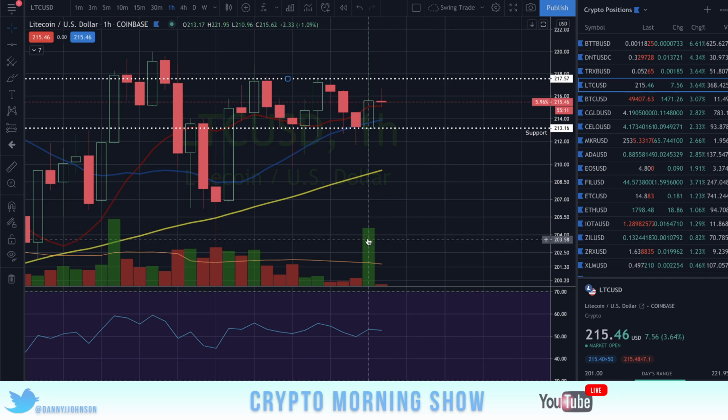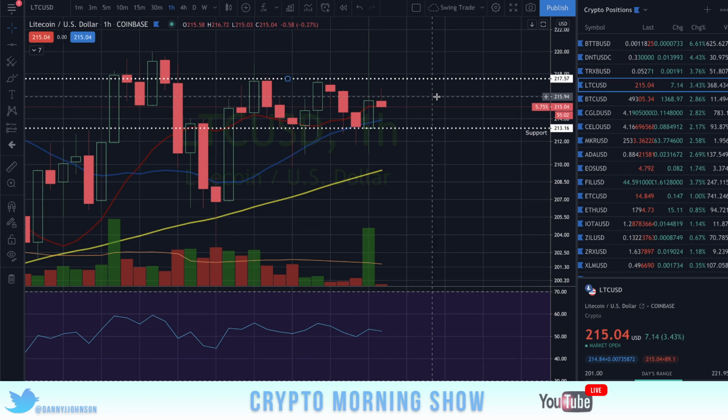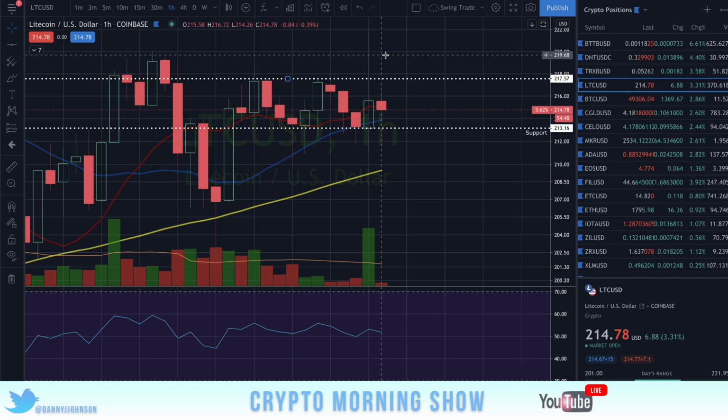We had a big strong volume candle on the last hour, and the moving averages are all in alignment for upside potential. Litecoin looks promising today. If we can break through that 217, second line of resistance is going to be up near, let's say, just for fun, 220, an even psychological number.